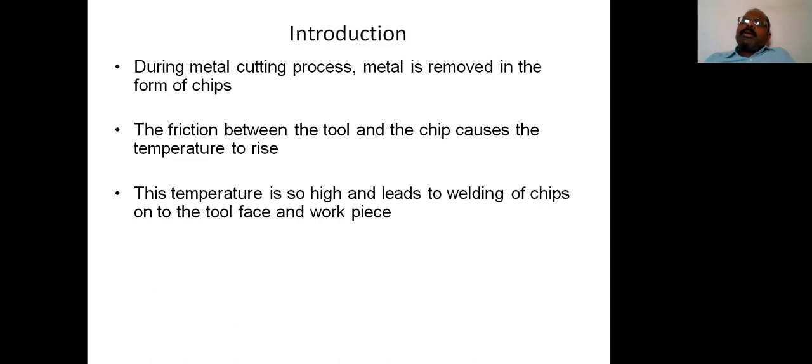Of course, we may think the cost of the raw material is very low, so the company or operator may be able to bear the loss of that metal. That is the first immediate remedy. But whenever the chip joins with the cutting tool, that means welding of the chip takes place, it also produces more vibrations on the machine.